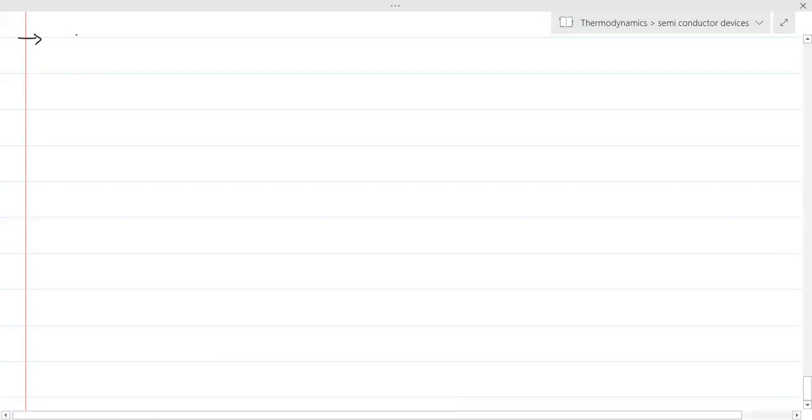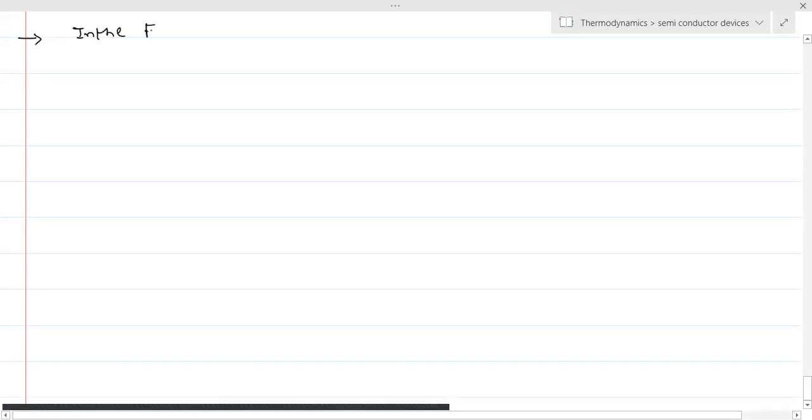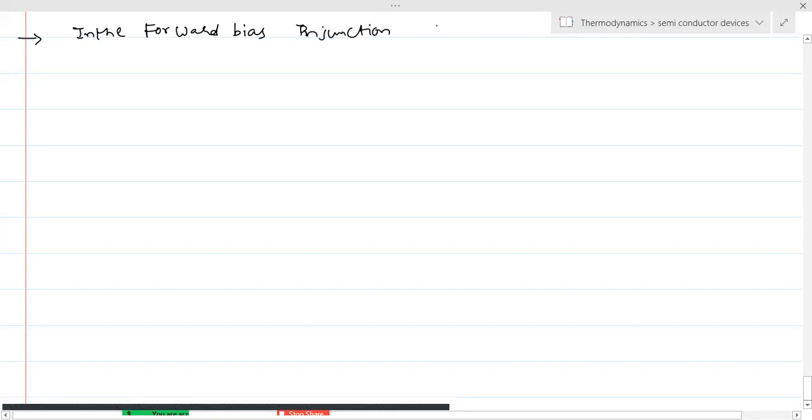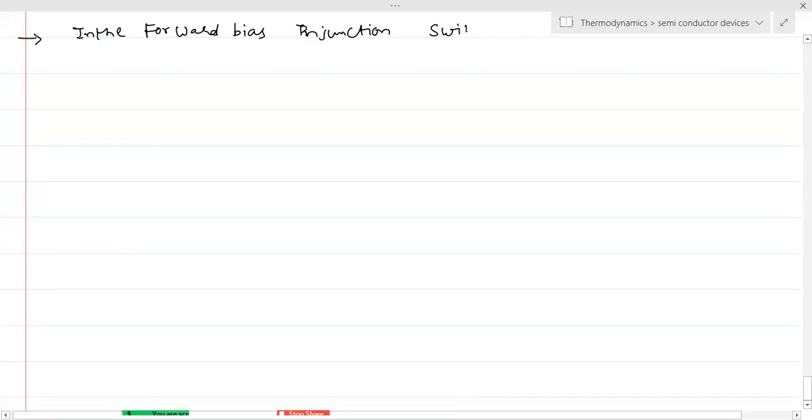Next, in the forward bias, so we are discussing two facts about the PN junction bias. In the forward bias, the PN junction diode will be in switch on position, because it conducts more current, so that's why we call it the switch on position.